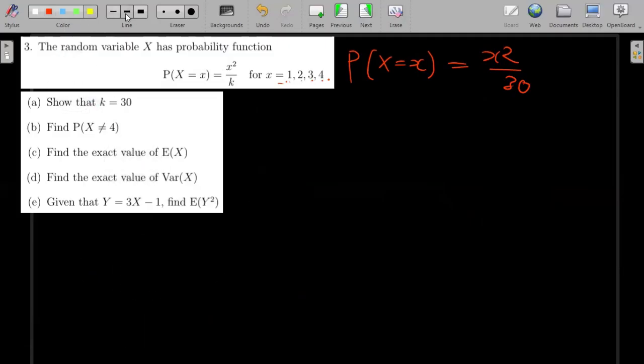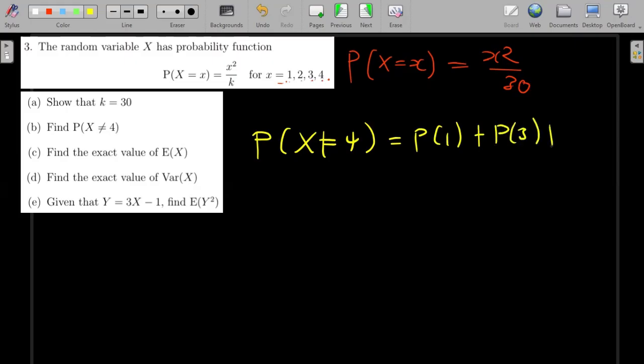So the next question, they're saying, find the probability that x is not equal to 4. So the probability that x is not equal to 4 is the probability of 1 plus the probability of 3 plus the probability of 2. So the probability of 1 is just 1 over 30, plus the probability of 3, it will be 3 squared on top there, which is 9 over 30, plus the probability of 2, it will be 2 squared on top here, so it will be 4 over 30.